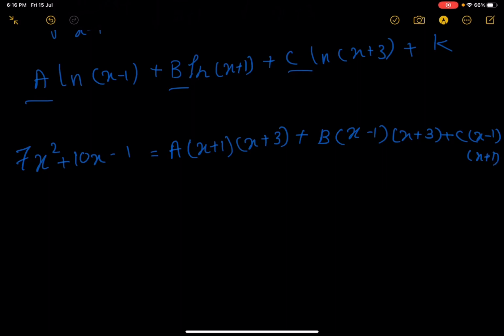And then let's assume I choose x as 1. This term will be cancelled and this as well, so I will have only the value a with another value, and then I can find the value of the constant. Also, you can do the same for the other constants, just taking any values.